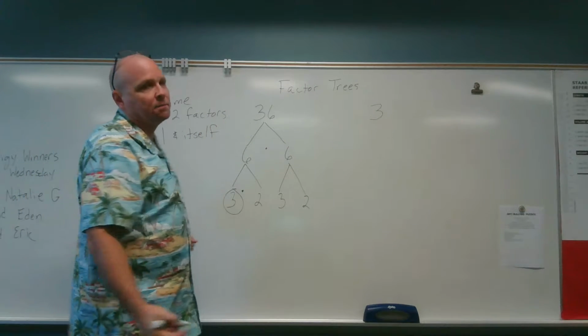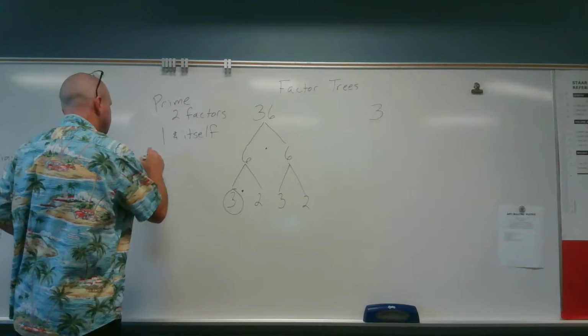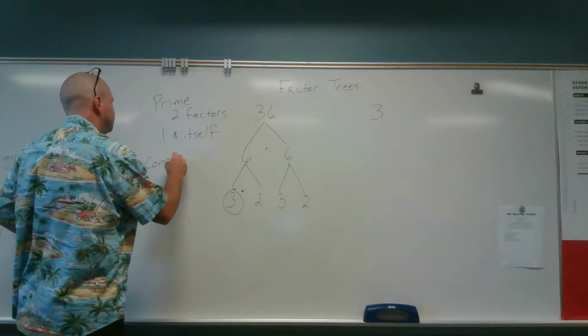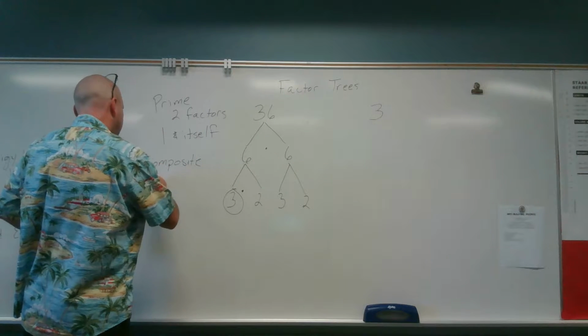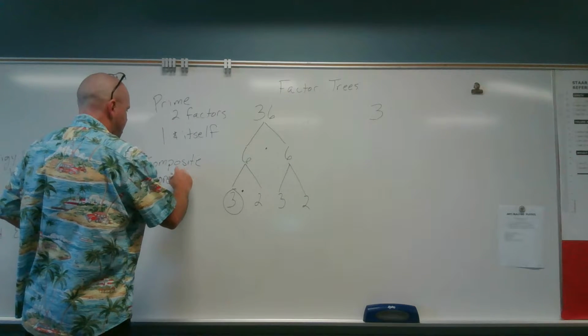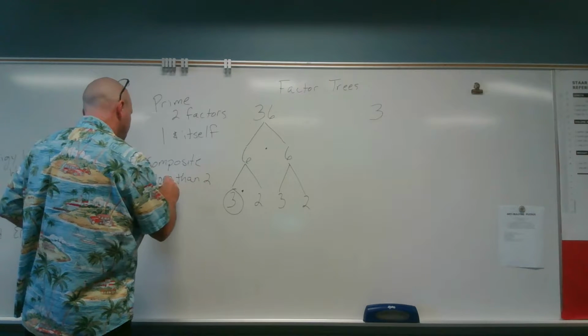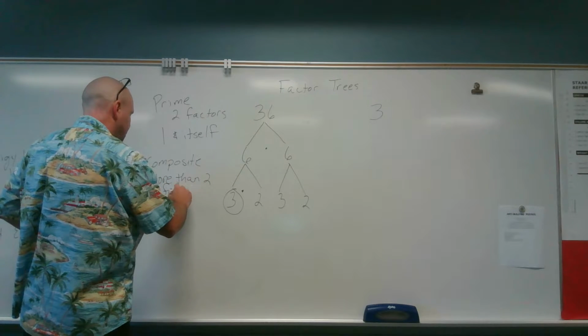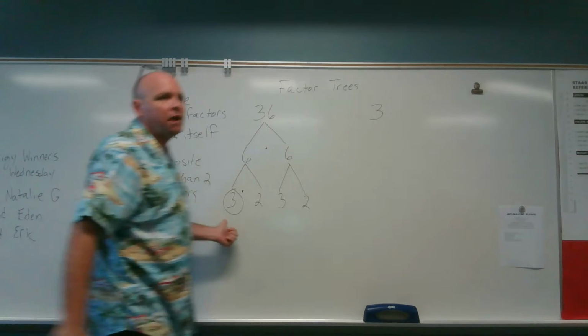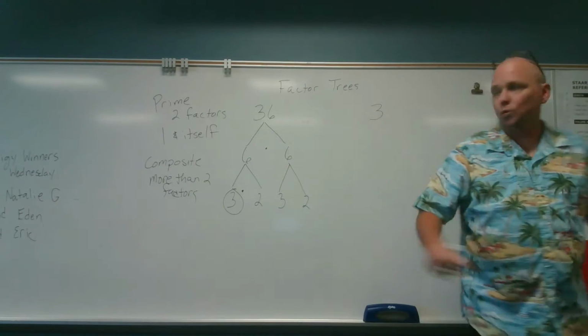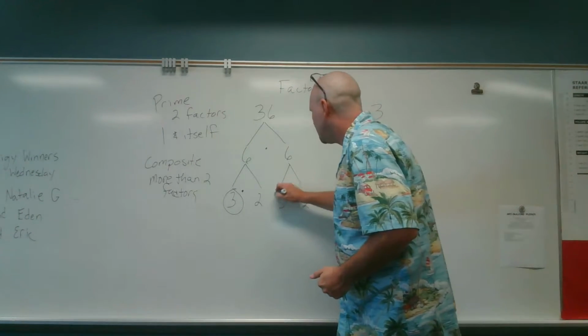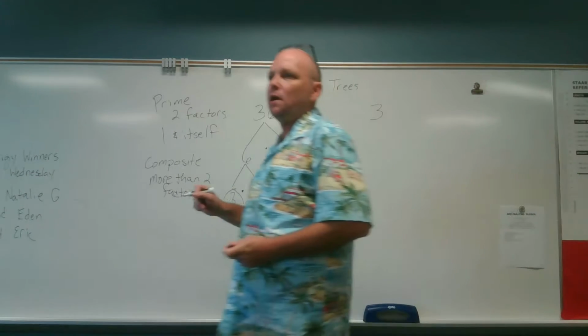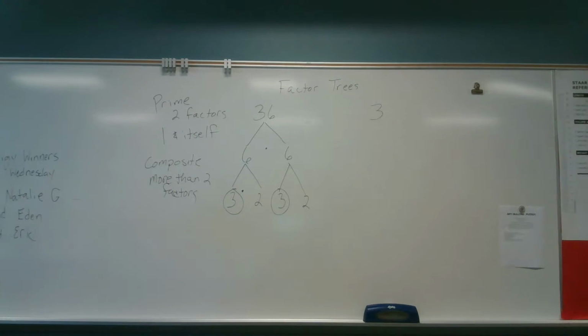So obviously a composite number has more than 2 factors. When we get to a prime number here, we circle it. We're done. So I know that the 3's are prime.